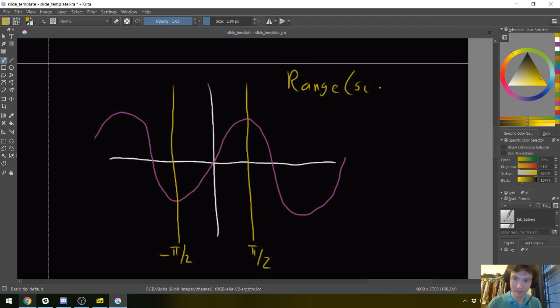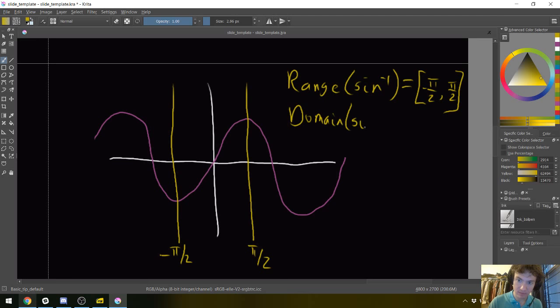And that means the domain of sine inverse, which is the range of this restricted sine, is minus 1 to 1. This is important, because if the range of sine inverse is minus pi over 2 to pi over 2, that means sine inverse always outputs a number between minus pi over 2 and pi over 2.